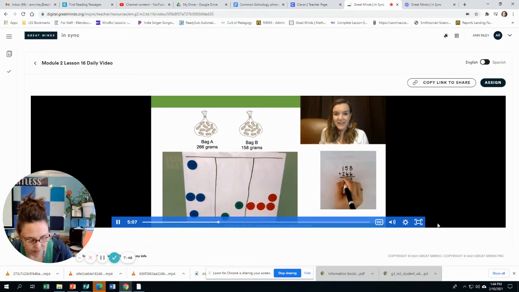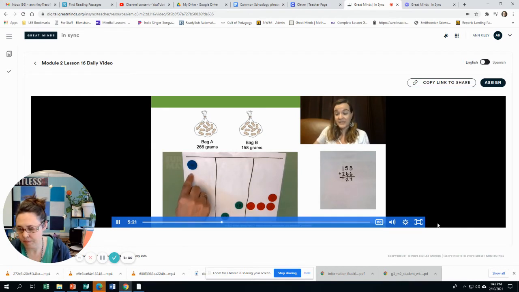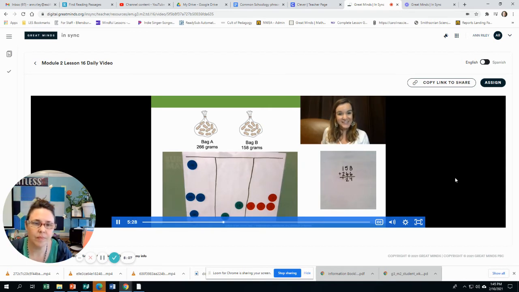We show our new 100 just like we showed our new 10 before, but this time we put it in the hundreds column because it represents 100, not 110. Now let's finish with our hundreds column. 100 plus 200 plus 100 equals 400. 400, 2 tens, 4 ones makes how many total grams of peanuts in bag A and bag B?